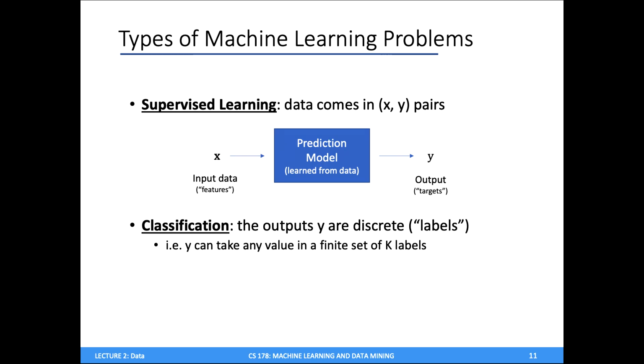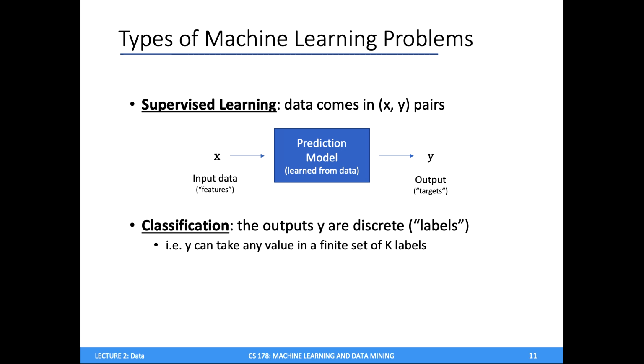In contrast to a regression problem, the other major class of supervised learning tasks are classification problems. Here, the outputs are no longer just continuous real valued numbers, but they're instead discrete. In this case, we'll often call our outputs, our targets, labels.